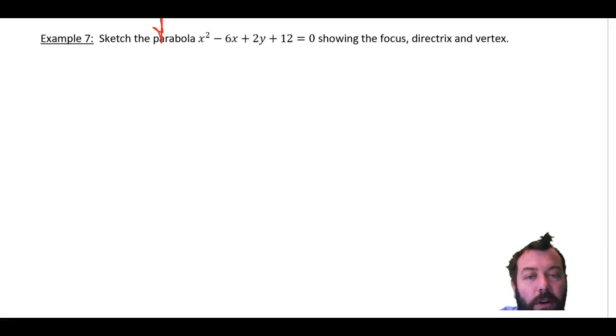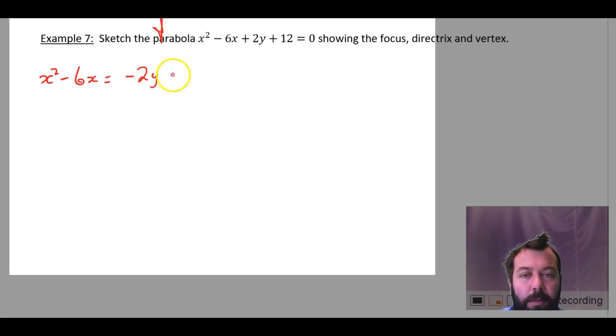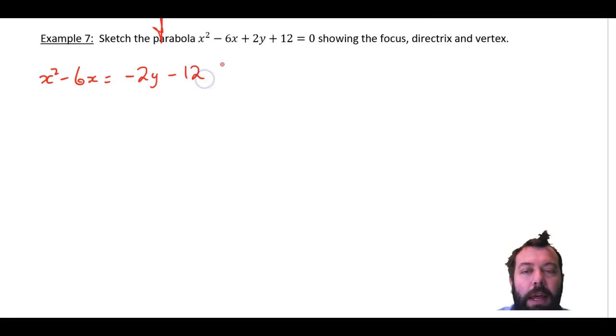So here we go, a parabola of x squared minus 6x plus 2y plus 12 equals 0. We need to sketch it, we need the focus, directrix, and the vertex. So what do we need to know here? I think we can get straight into doing a little bit of analysis. I'm going to separate the x's and y's and say that x squared minus 6x equals -2y minus 12.